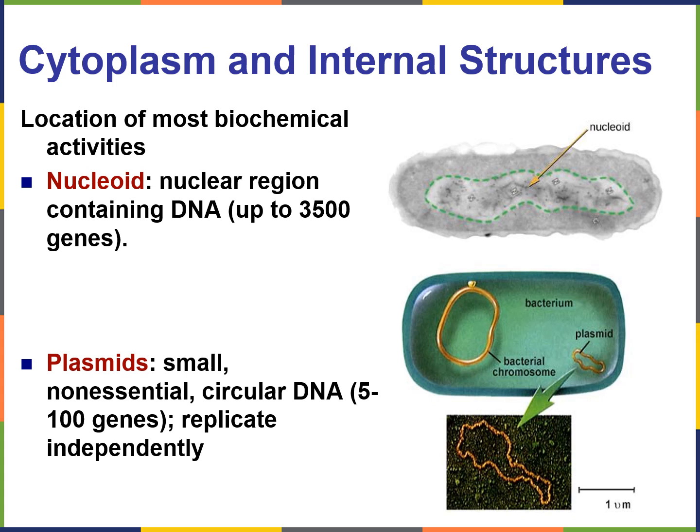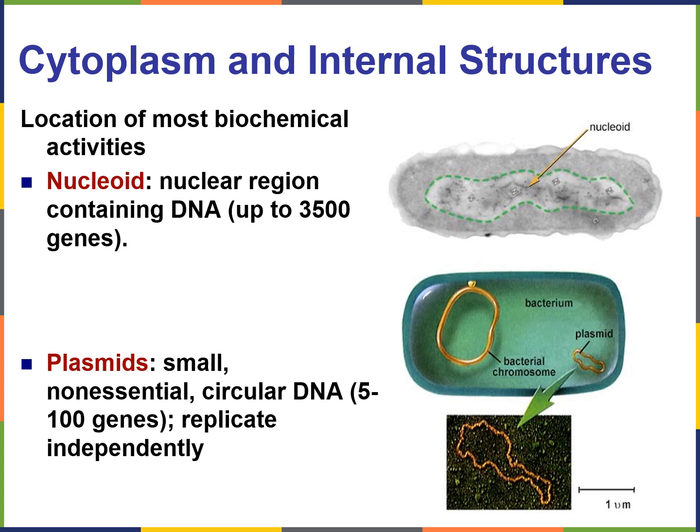The nucleoid region, again, that one circular chromosome, is the majority of the genetic material. It contains up to about 3,500 genes, and it is these genes that give the cell direction as to what it's supposed to do next.